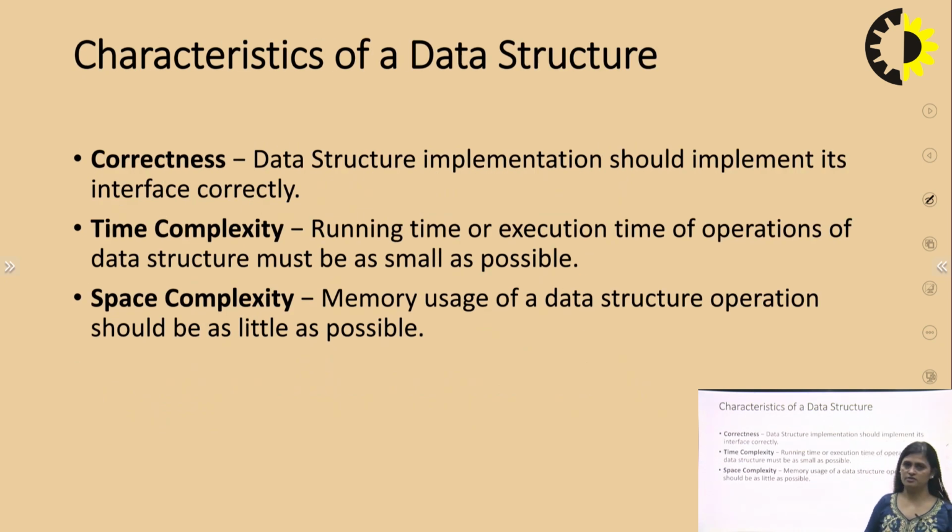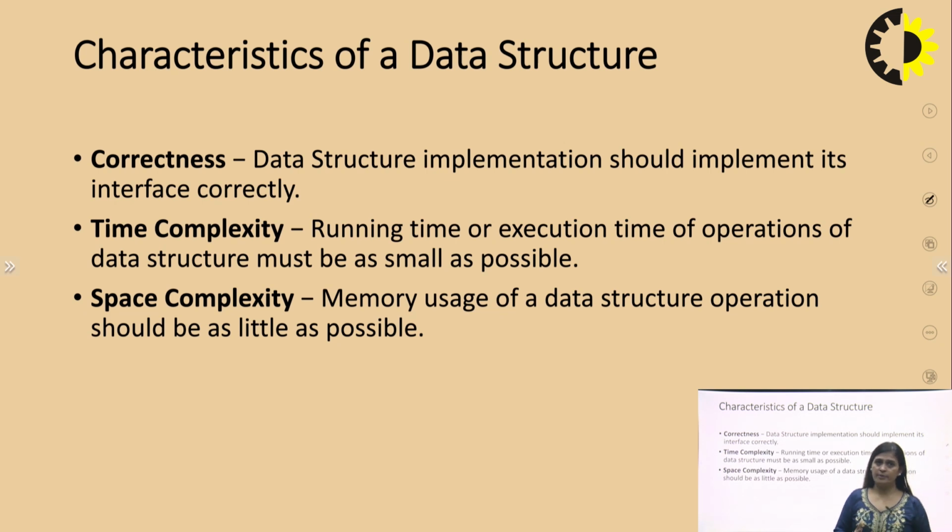Next, characteristics of data structure. What are the different characteristics of data structure? Basically, we discuss three main things. First one is correctness, second one is time complexity, and third one is space complexity.